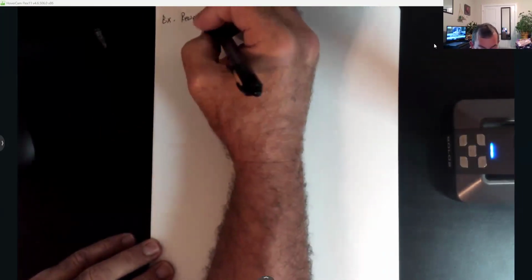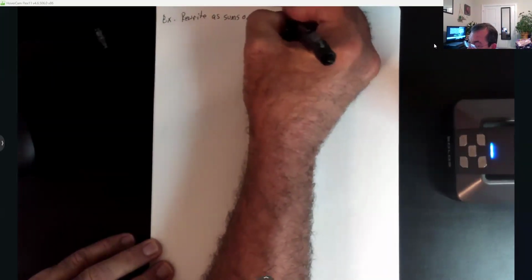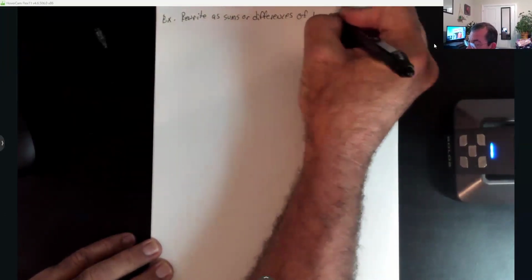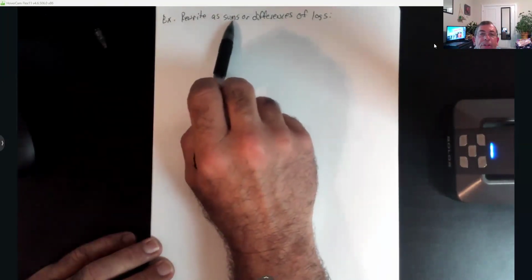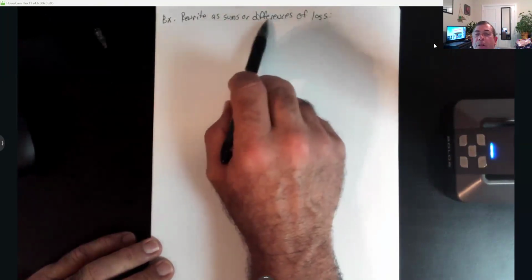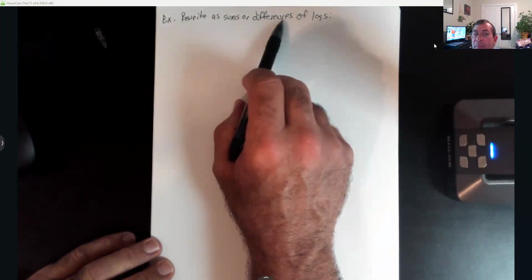All right, so it looks like these next 2 want me to rewrite as sums or differences of logs. Now, that could mean they're giving me a bunch of stuff being multiplied to get my sums, or a lot of stuff being divided to get my differences.